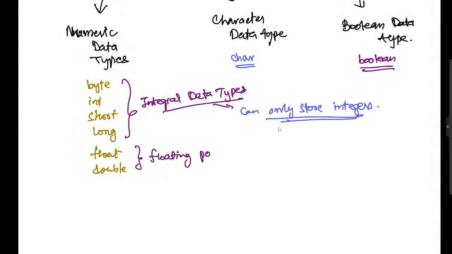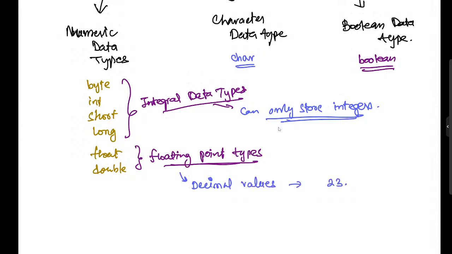floating point data types. The reason they are known as floating point is because we can store decimal values, or values which have a radix point.